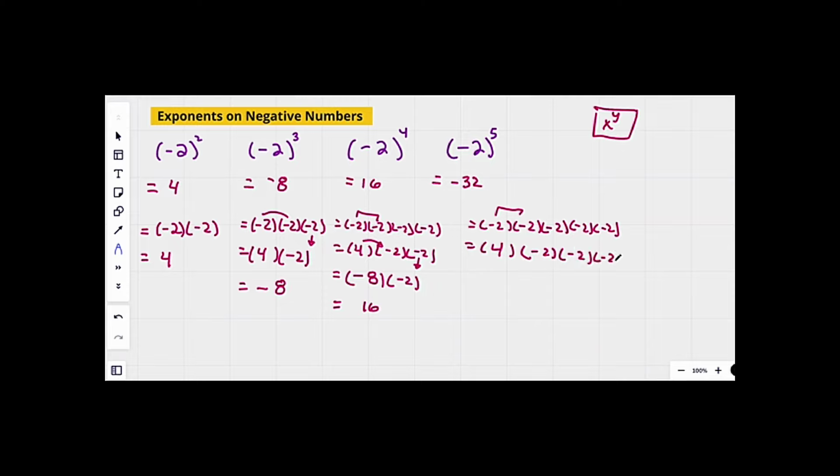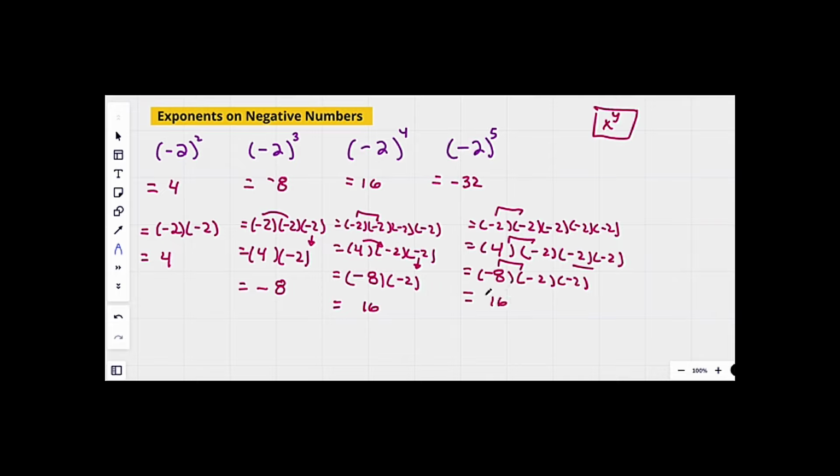Okay, we still have to bring down the rest of our equation, so we still have 3 negative 2's here to deal with. Now we take the next two. So positive 4 times negative 2 is negative 8. Now we continue with our other negative 2's that we have left over right here. Now let's multiply these two. So 8 times 2 is 16, and a negative times a negative equals a positive.